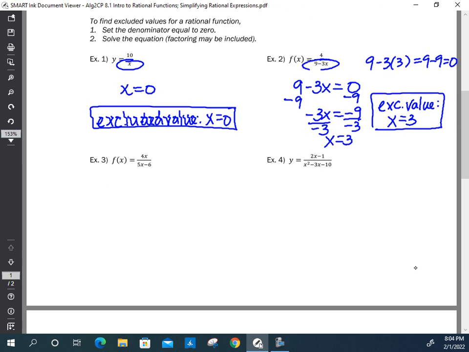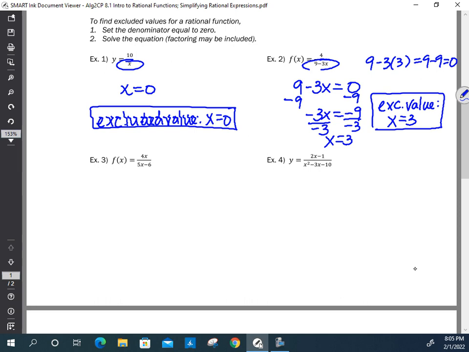Couple more examples. Example 3, f of x equals 4x over 5x minus 6. One thing to make perfectly clear, the numerator does not matter. It is the denominator that matters.